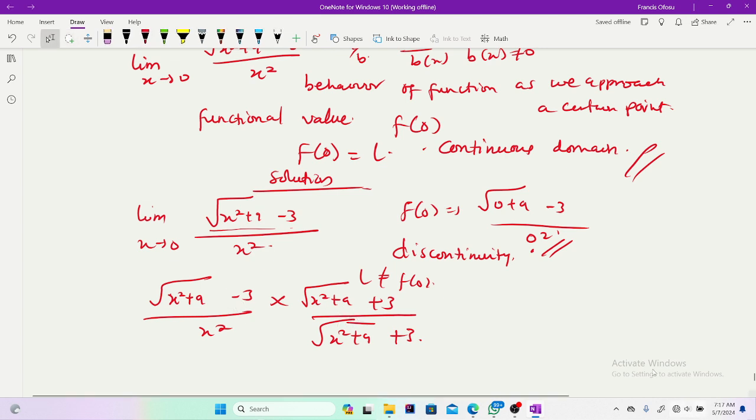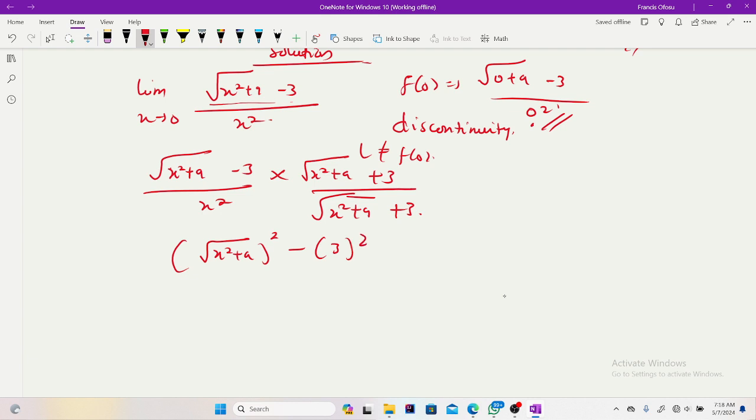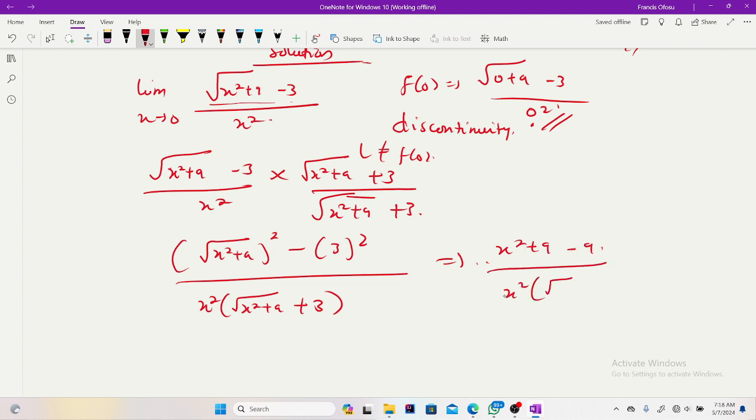Let's go on with our simplification. Simplifying this, the numerator becomes a difference of two squares. So I have square root of s squared plus 9, all squared, minus 3 all squared, all over s squared multiplied by square root of s squared plus 9 plus 3. So the numerator gives me s squared plus 9 minus 9, all over s squared multiplying square root of s squared plus 9 plus 3.